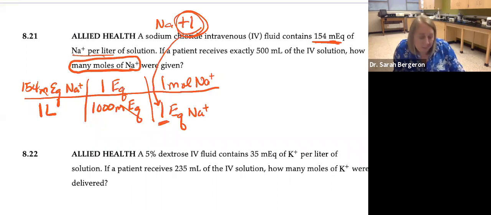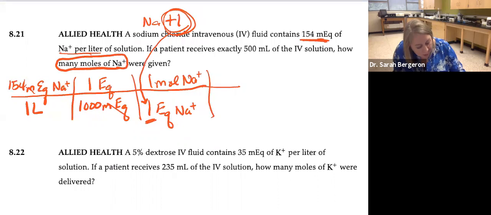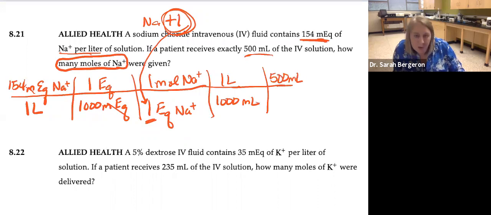That's how I know that. Okay, now I want to know if a patient receives exactly 500 milliliters. Well, I'm in liters, so I need to convert from 1 liter to milliliters, right? But that's per 1,000 milliliters, and that's not what I want. I want it to be for 500 milliliters. So you could just multiply by 500 and you should get 0.0770 moles of Na+.